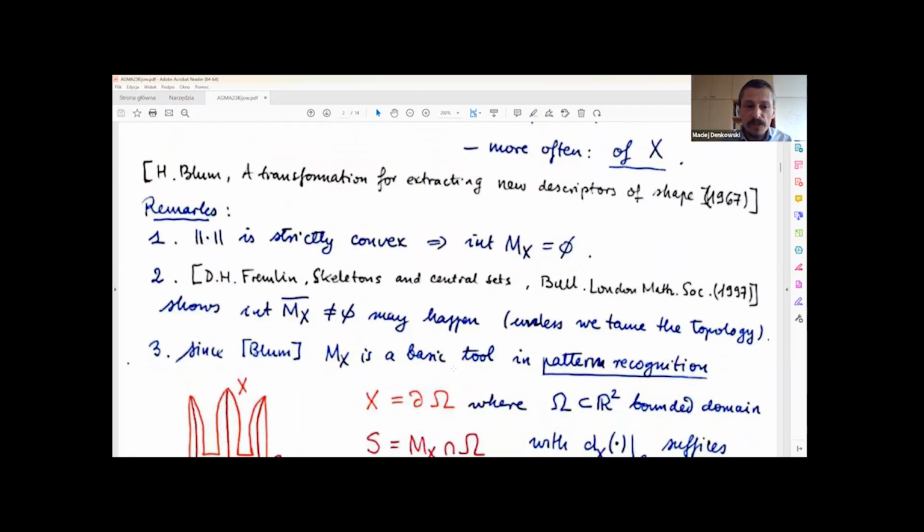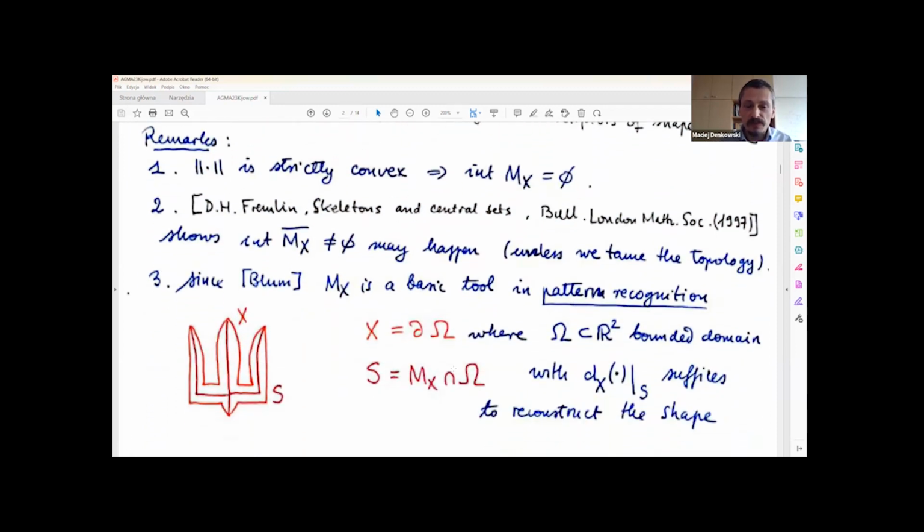But since Blum, as I said, the medial axis is a basic tool in pattern recognition. So here you have an example. Take a bounded domain omega, and X, its boundary, right?